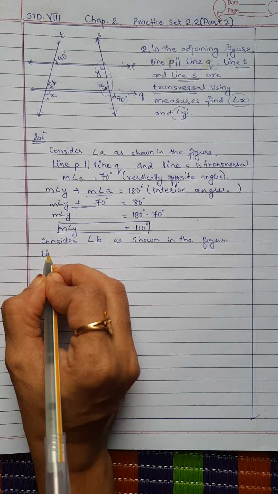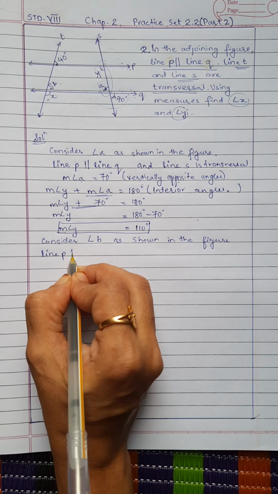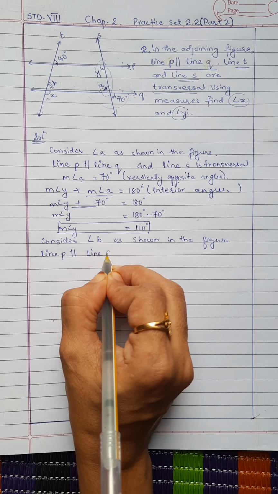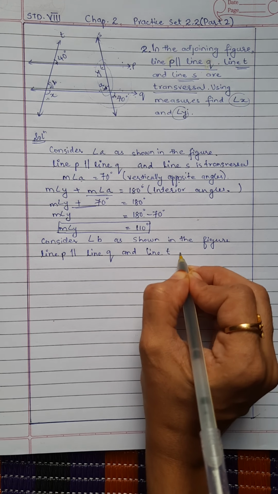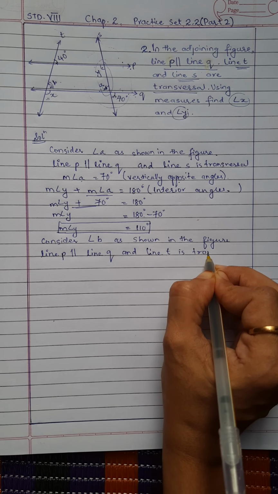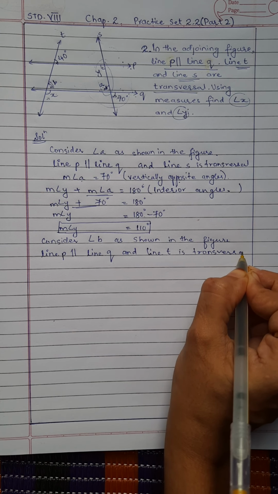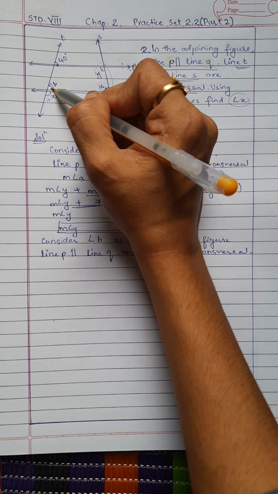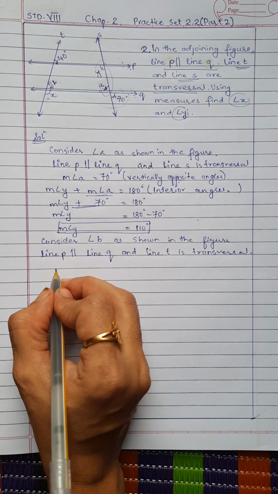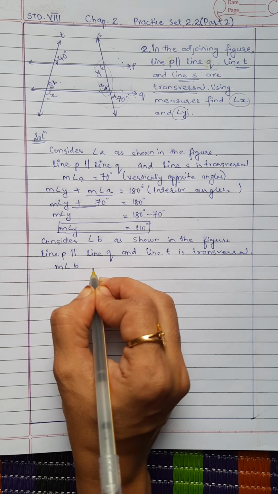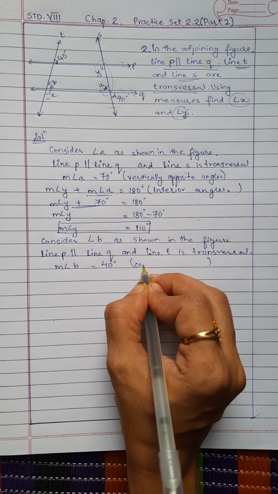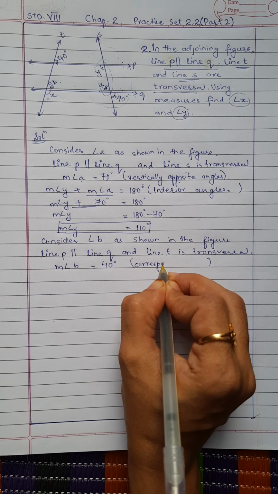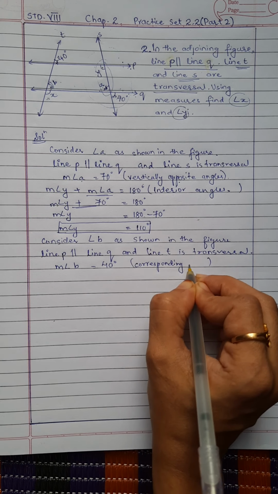Write the same: line P parallel to line Q and line T is transversal. Therefore angle B will be 40 degree only. Measure of angle B will be equal to 40 degree as these are a pair of corresponding angles.